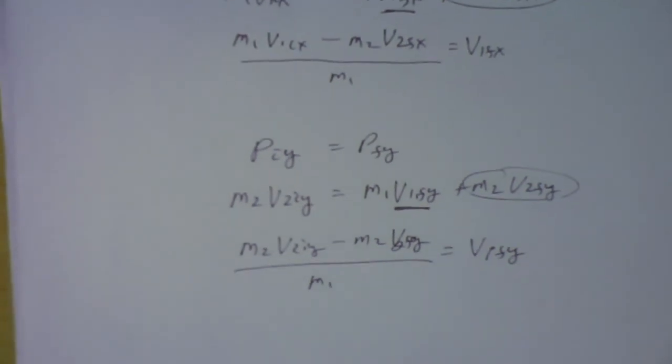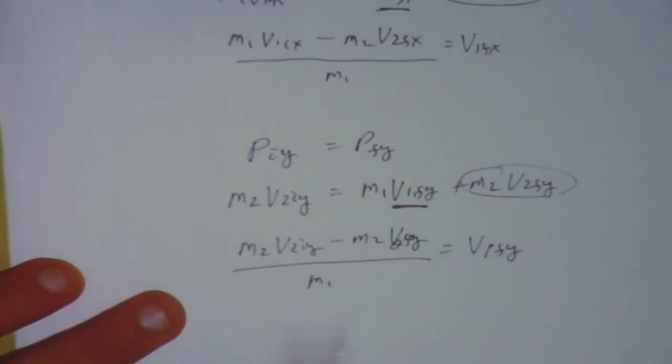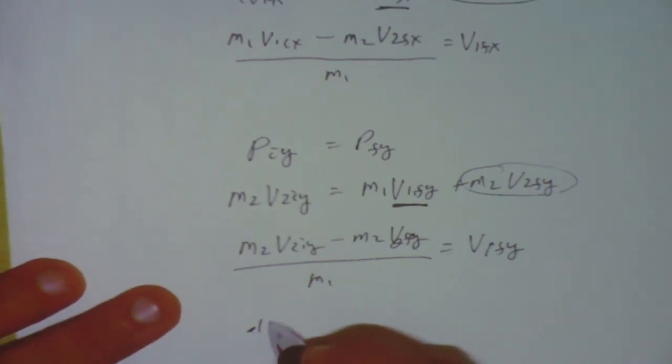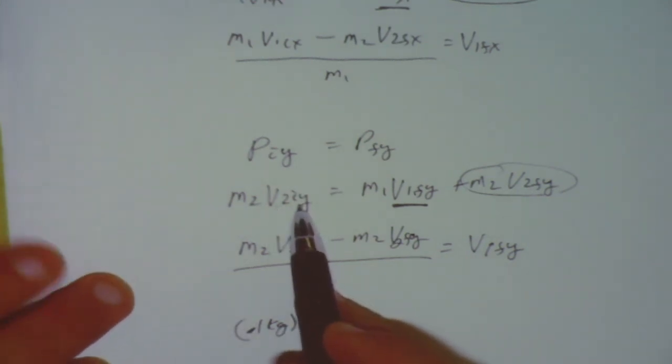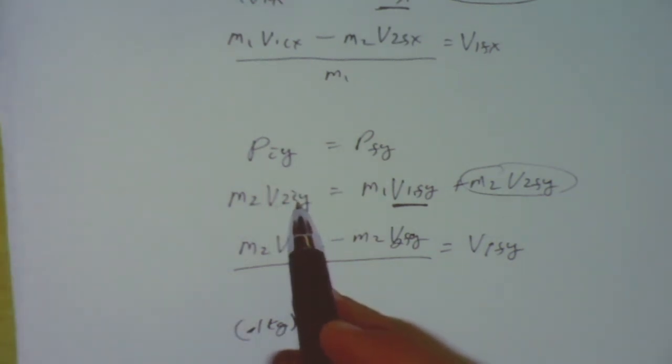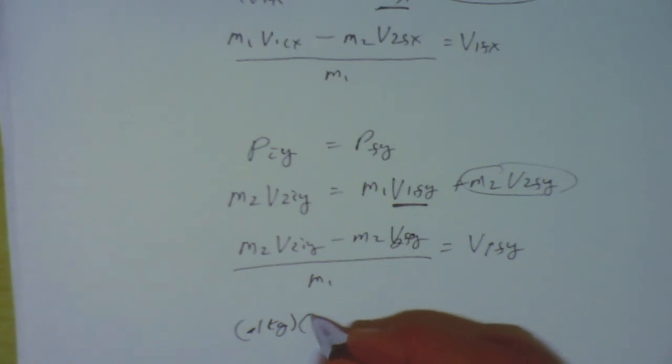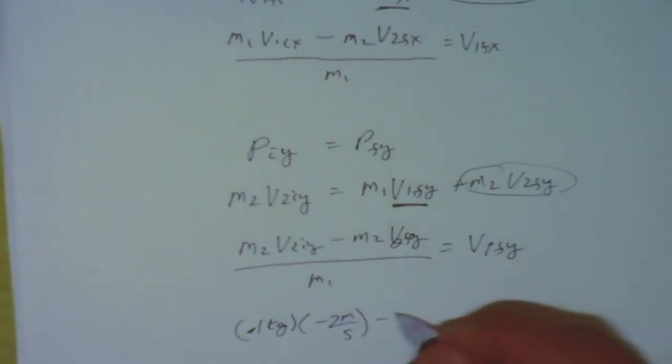Let me see if I could sneak the numbers in here. Let's do the y direction first. These are 0.1 kilograms, so I'd have 0.1 kilogram. v2 initial y was minus 2. Minus 2, yes. And then minus mass 2.